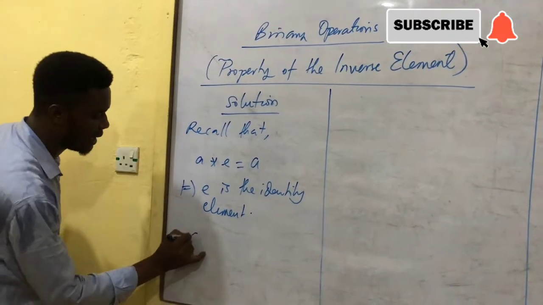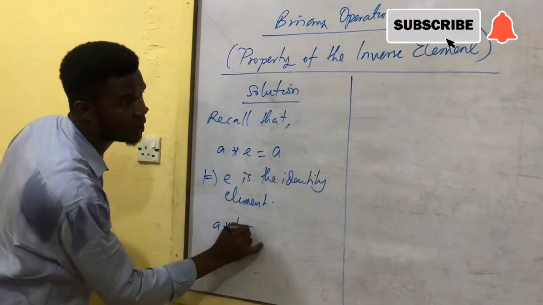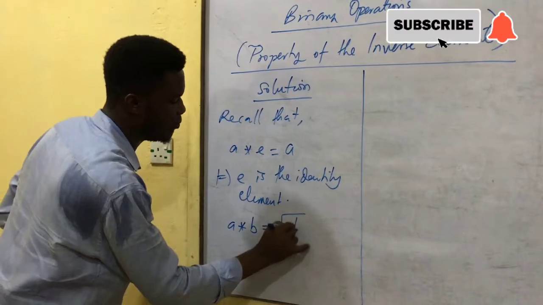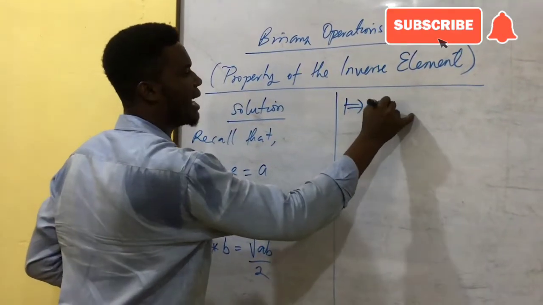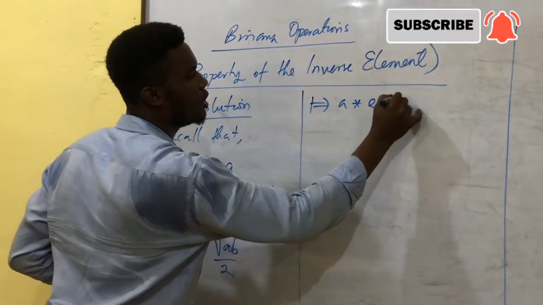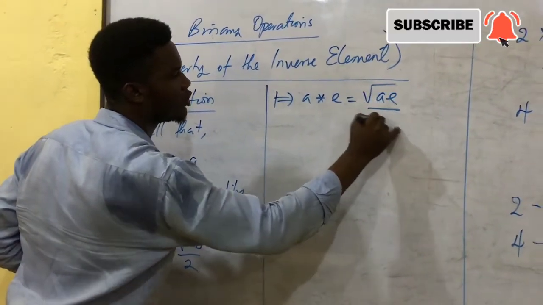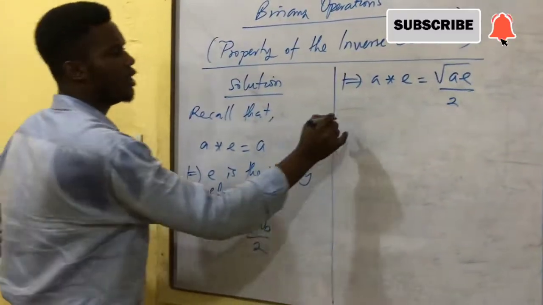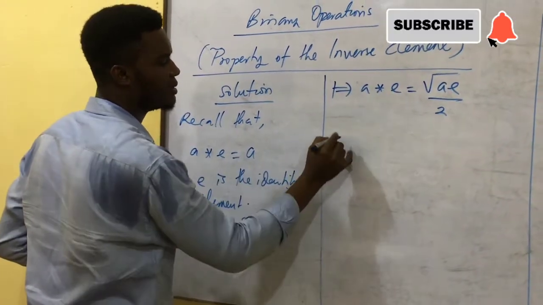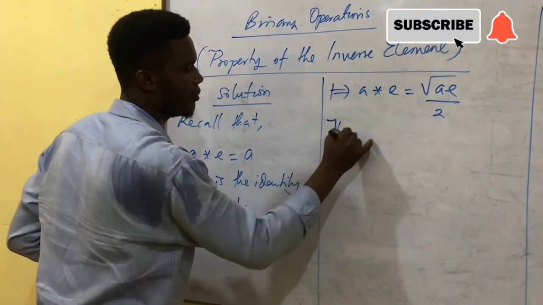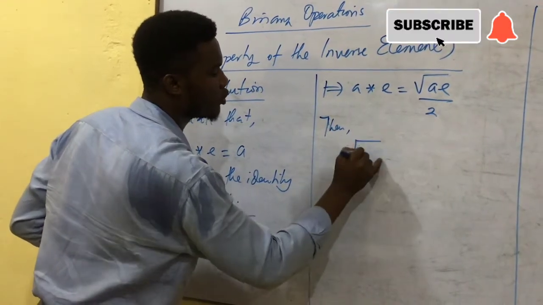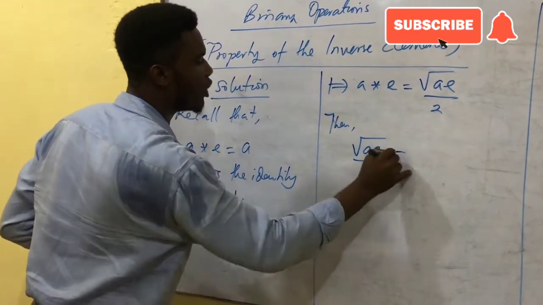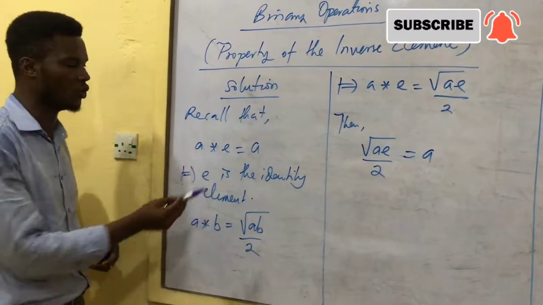Now, we are told that A asterisk B is equal to square root of AB all over 2. What does that mean? It implies that A asterisk E will be equal to the square root of AE all over 2. Now, since we want the identity element, then A asterisk E, which is equal to square root of AE all over 2, must be equal to A. And why is that so?